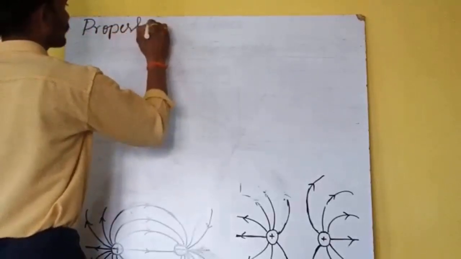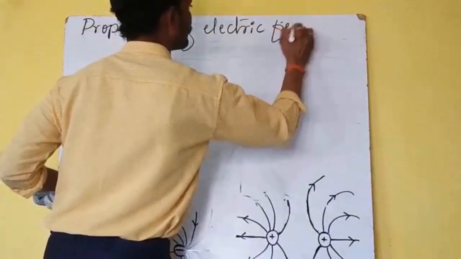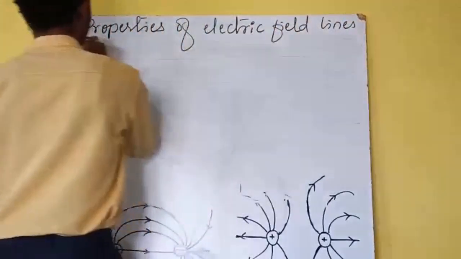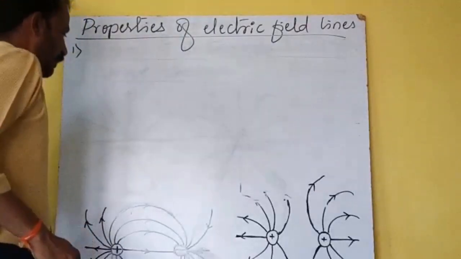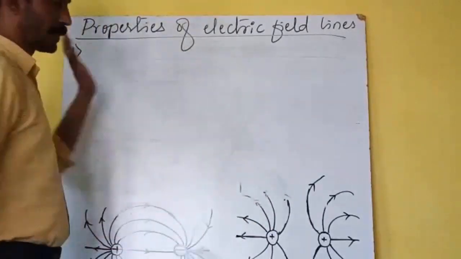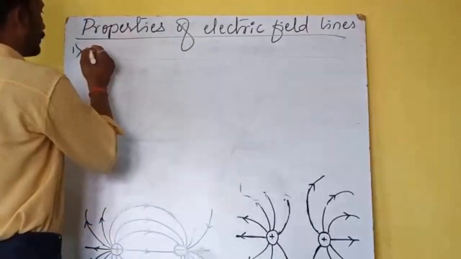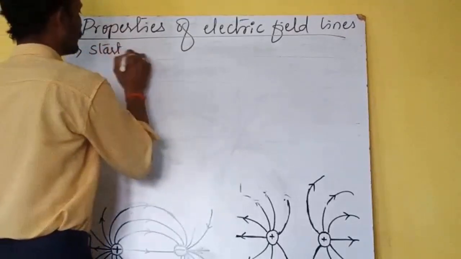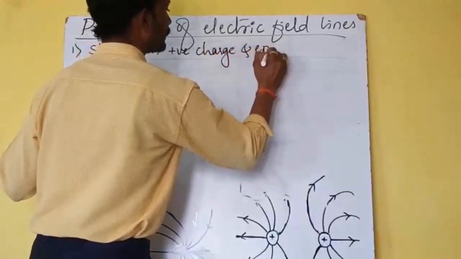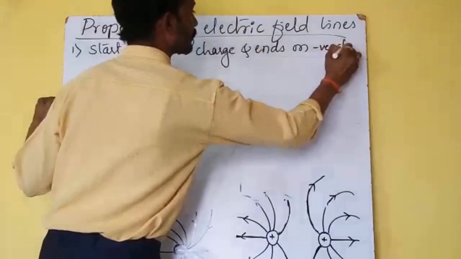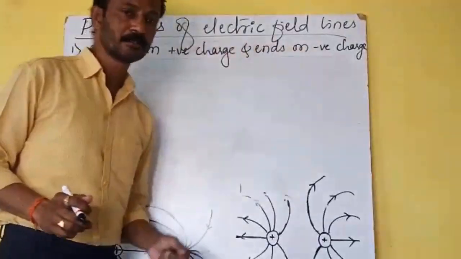First property: as you know from these patterns, electric field lines start from a positive charge and end on a negative charge.